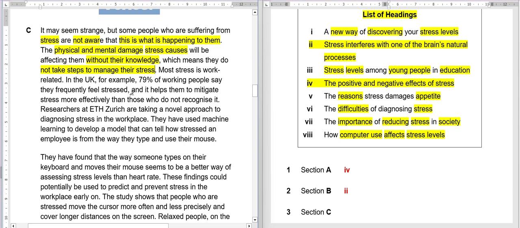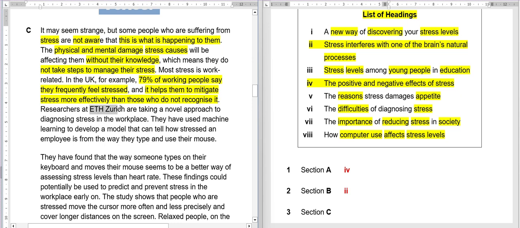Most stress is work related. In the UK, for example, 79% of working people say they frequently feel stressed, and it helps them to mitigate stress more effectively than those who do not recognize it. So they're saying that in the UK, 79% of working people feel stress, and because they know about it, it helps them to recognize and mitigate these problems better than those who do not recognize it.